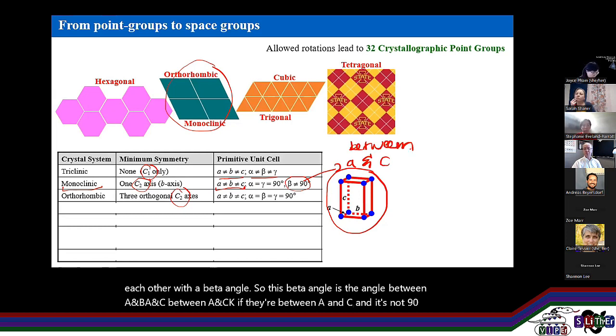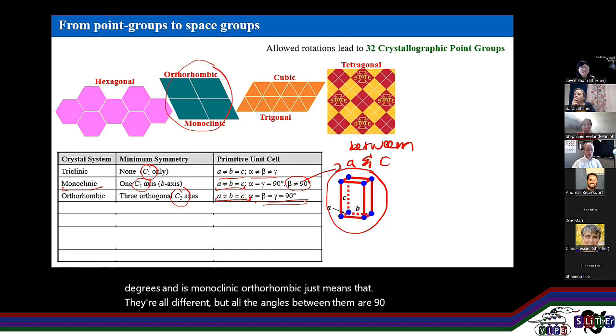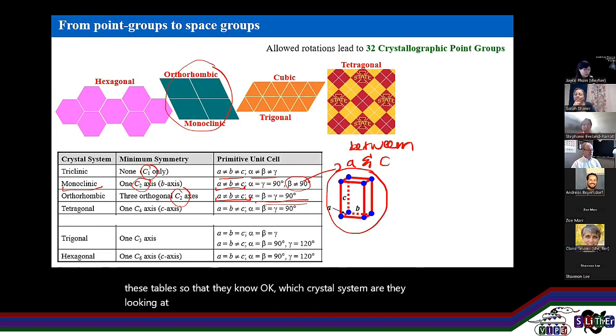And orthorhombic just means that they're all different, but all the angles between them are 90 degrees. I think this is a lot, so what I usually do is provide the students these tables so that they know which crystal system they are looking at. So then there's tetragonal, there's trigonal, there's hexagonal as well.